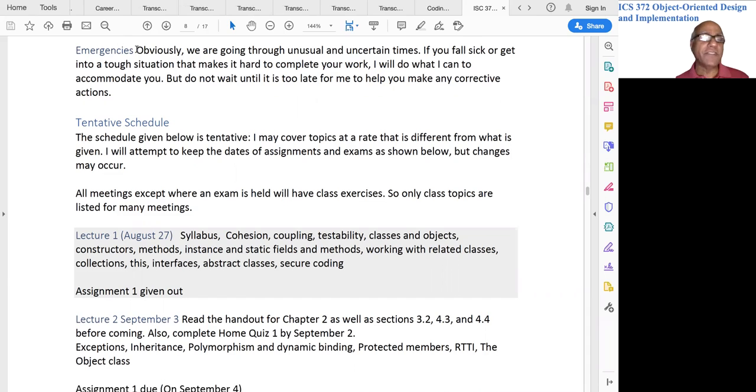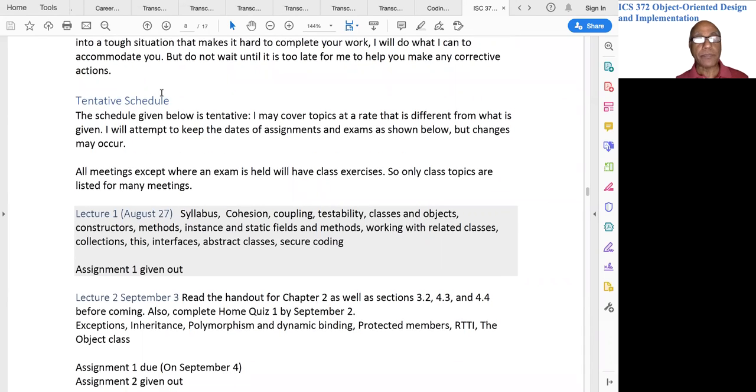So if things crop up that are beyond your control and you are not able to complete your work, please let me know immediately. Don't delay. If something happens, say in 2 weeks, don't delay until the end of the semester to tell me that something bad happened, therefore you couldn't do your work. I need to know that immediately. Then I could do some adjustments. I might be able to accommodate you.